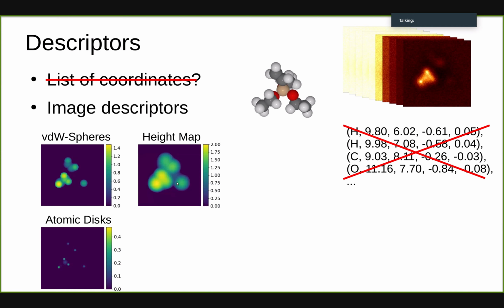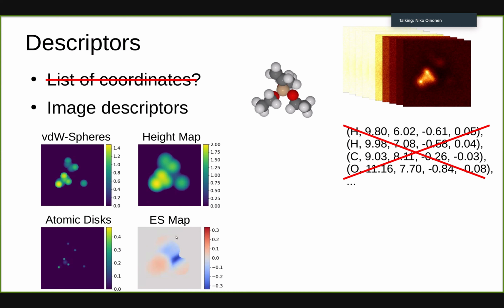The third is the height map, which is an isosurface of the force field between the sample and the tip. So it sort of summarizes many of the interactions between the different atoms in the sample and the tip.